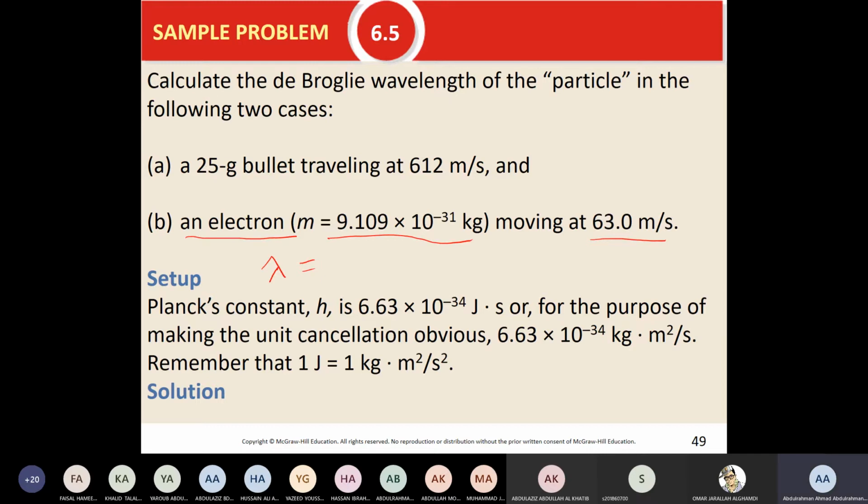Lambda equals h over mu. You have h, this is the mass, and this is the speed. Calculate lambda.